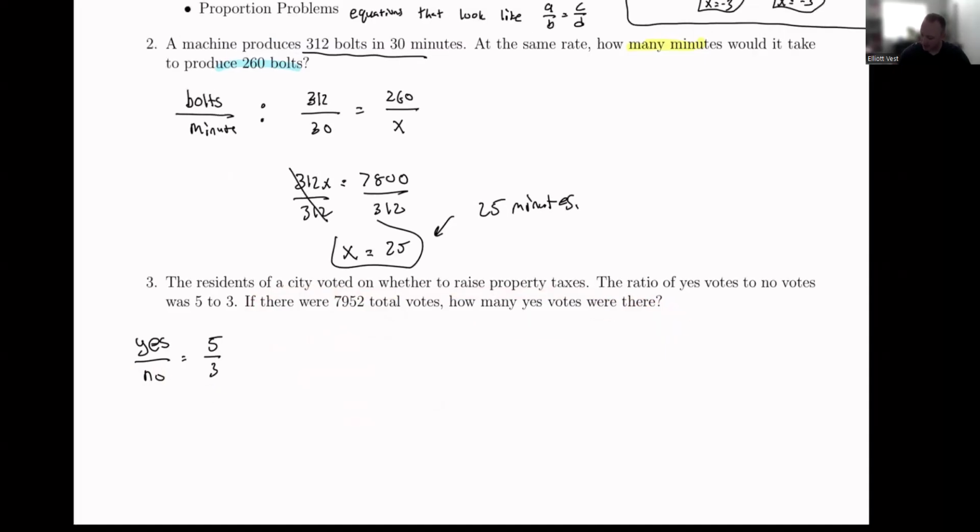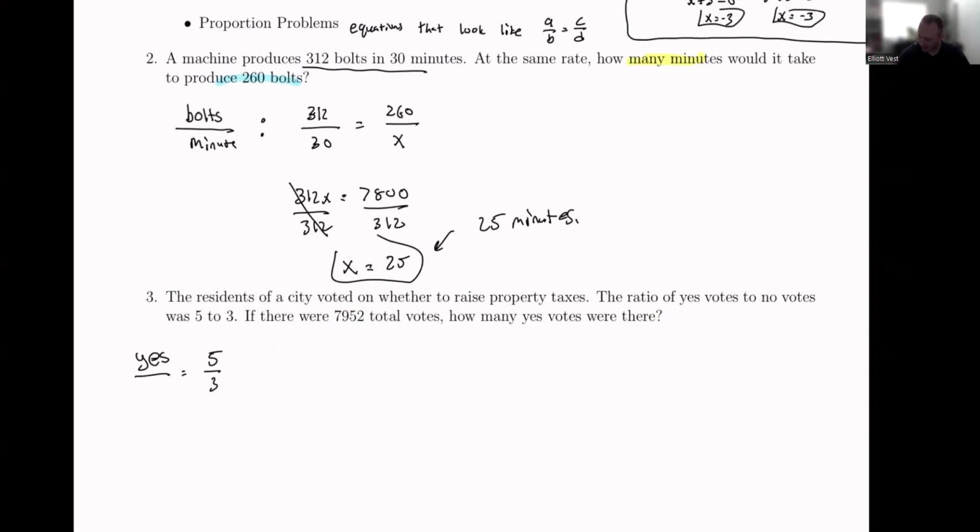So let's make this instead yes per total. Well, this gives us a yes per total. If I have 5-3 for yes to no, then 5 votes for every 8 votes in total is going to be yes. So total votes in this ratio is 8, right? Because 5 yes and 3 no adds up to 8.